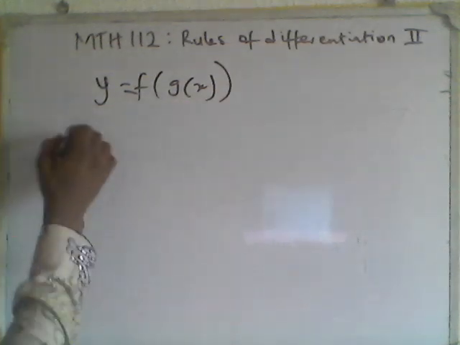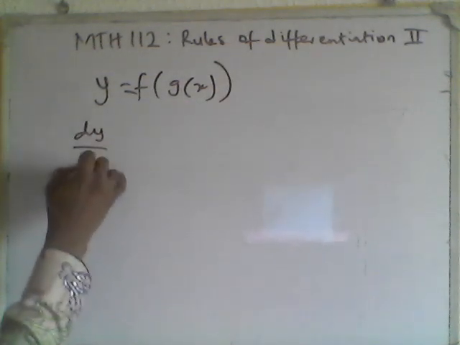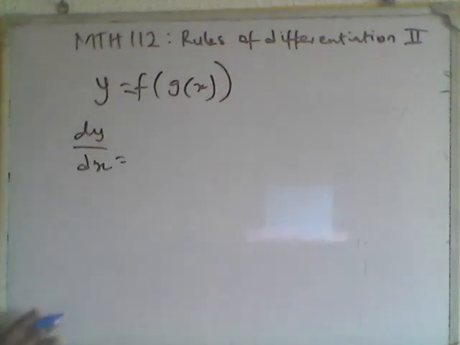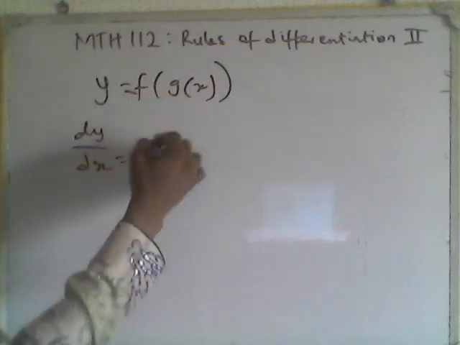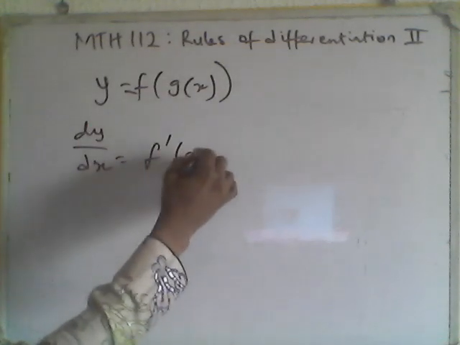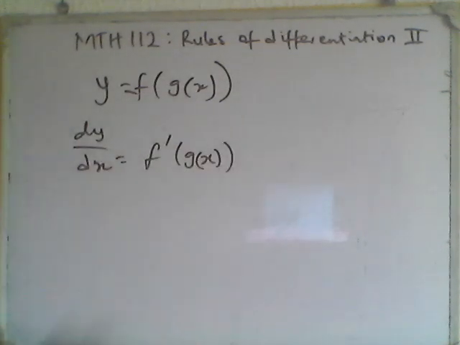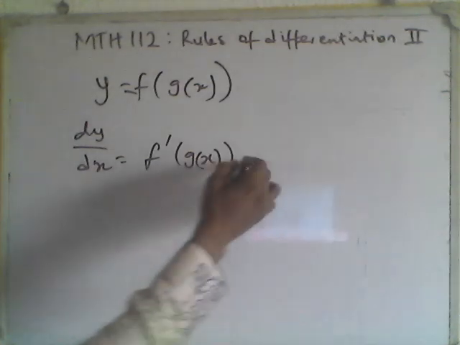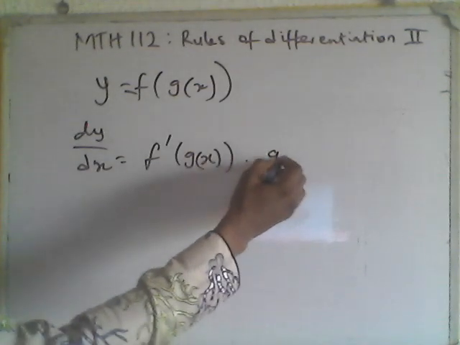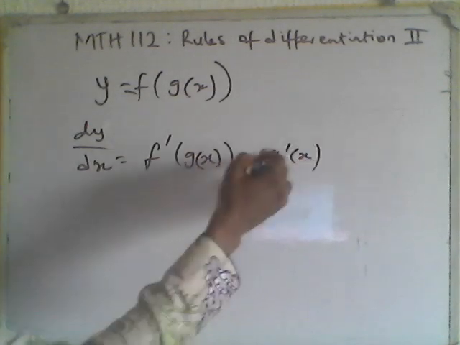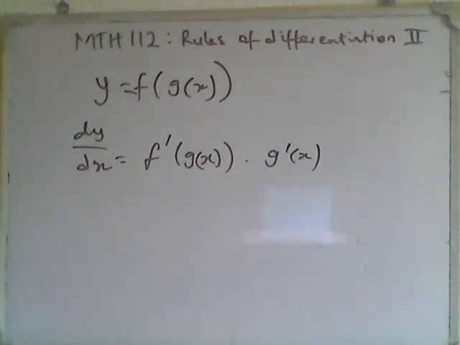Understand? So to differentiate it, dy/dx equals, we'll differentiate the bigger function outside first, and we'll also differentiate the smaller function inside. All right, so we'll multiply the two of them.